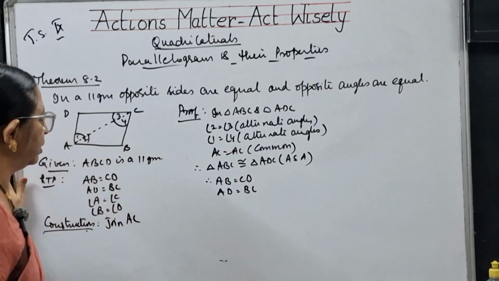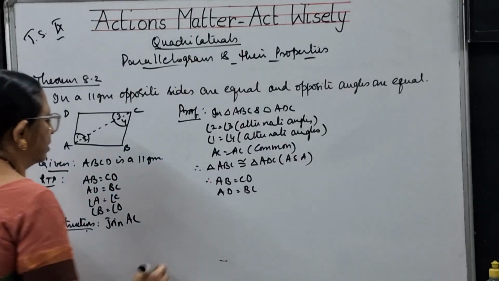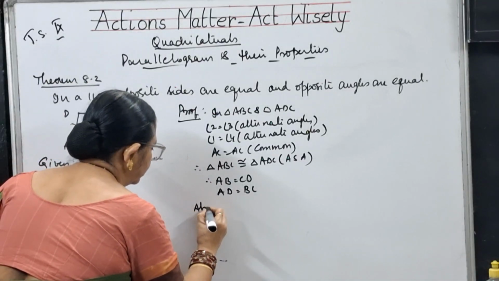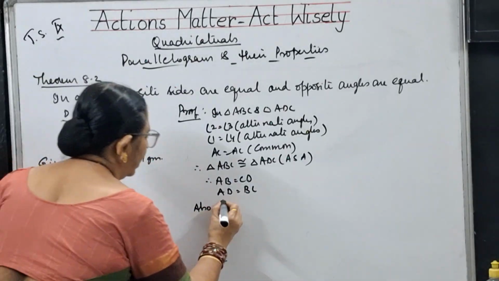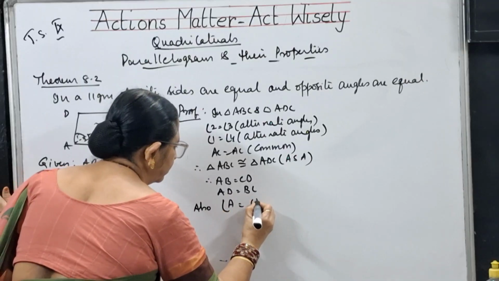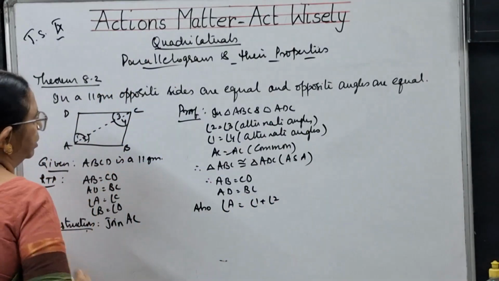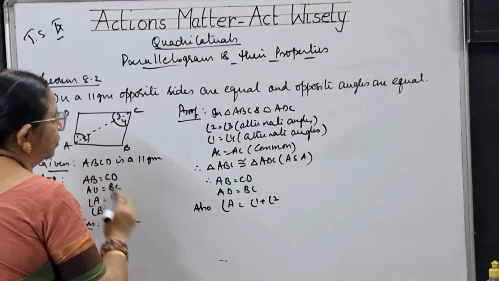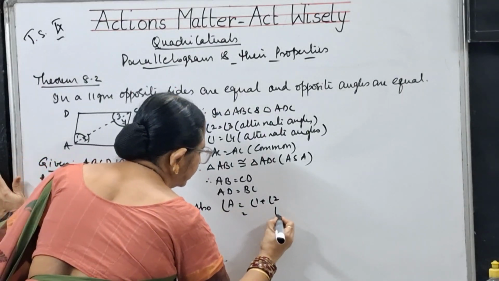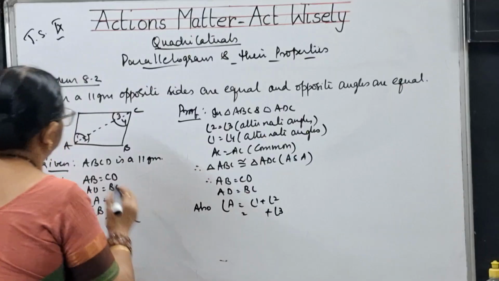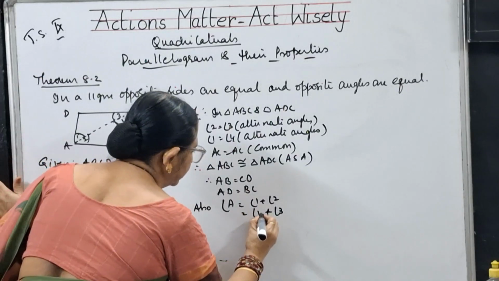Now we need to prove that opposite angles are equal. So, let us continue. Also, angle A is equal to angle 1 plus angle 2. These two, if you add, you will be getting angle A. But what is angle 2? Angle 2 means angle 3, and angle 1 means angle 4.